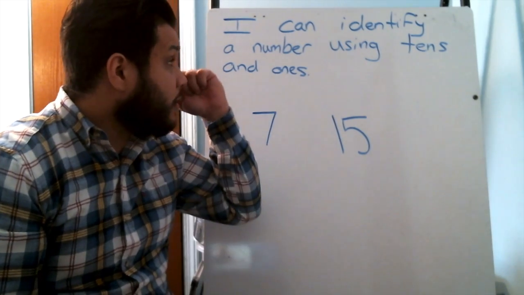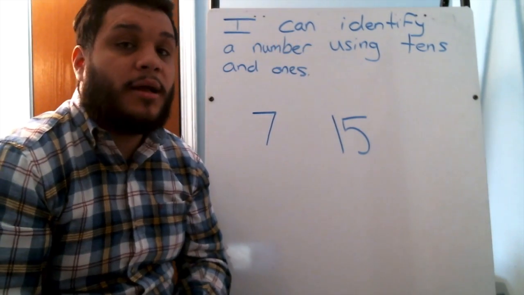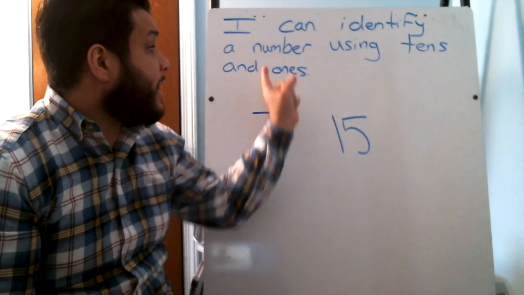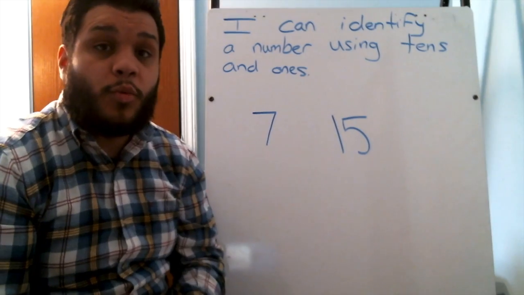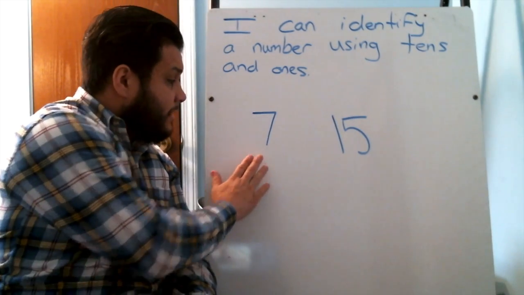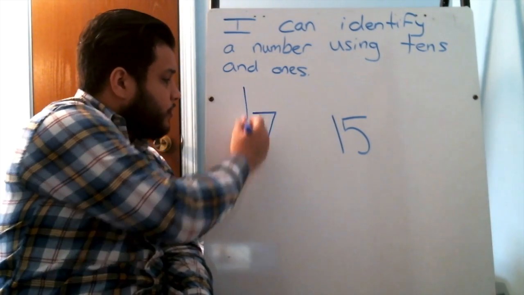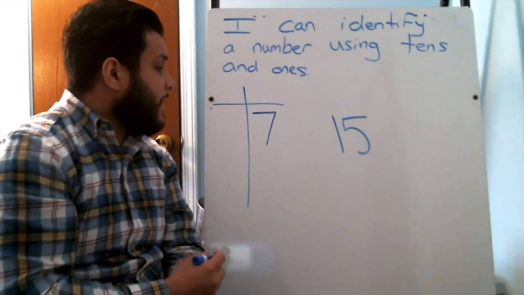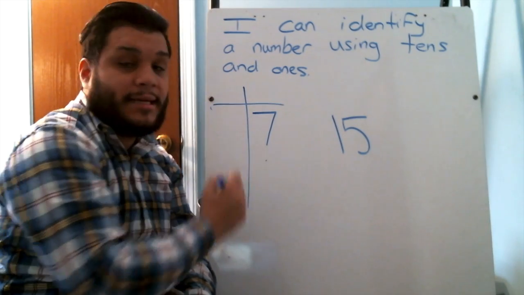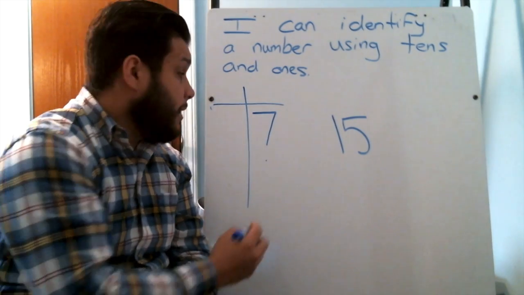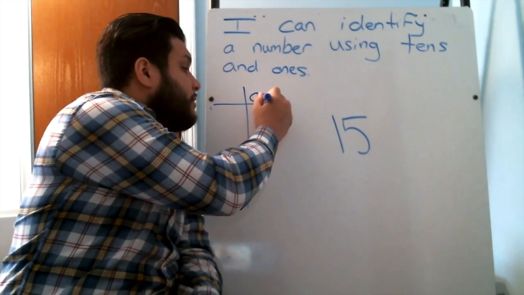Well, if we remember, in our I can statement, we said we're going to identify a number using tens and, yes, ones. If I look at the number 7, I'm going to draw a line here to label. 7 is in my ones place or in my tens place? It is in my ones place.